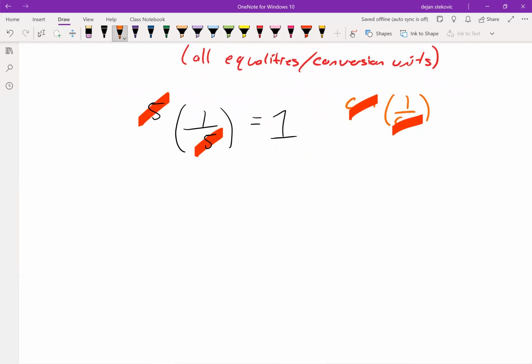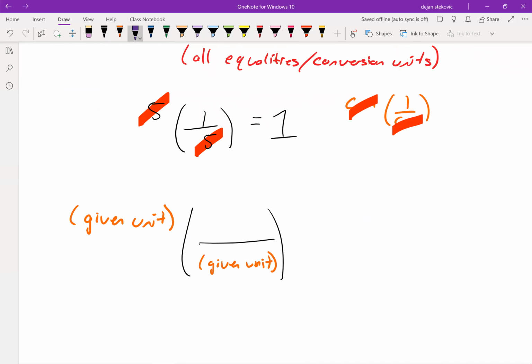It's really that simple. All you're going to do is have a given unit, and then multiply that by your given unit over top of your desired unit. Then your given unit and given unit will be canceled out, and you'll be left with your desired unit.